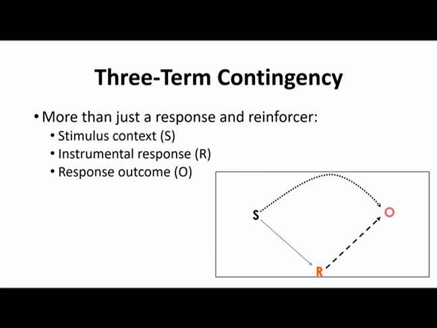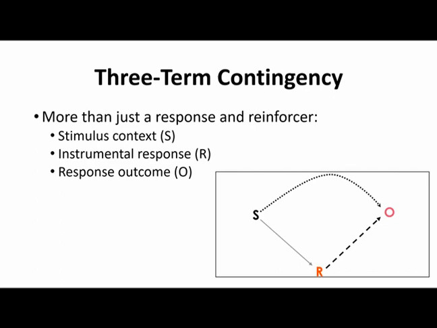Now, the textbook says that Thorndike was the first of our reported researchers who made the connection between these associations requiring more than just a response and a reinforcer. Thorndike made the comment that there was also some kind of specific environmental stimulus or stimuli.